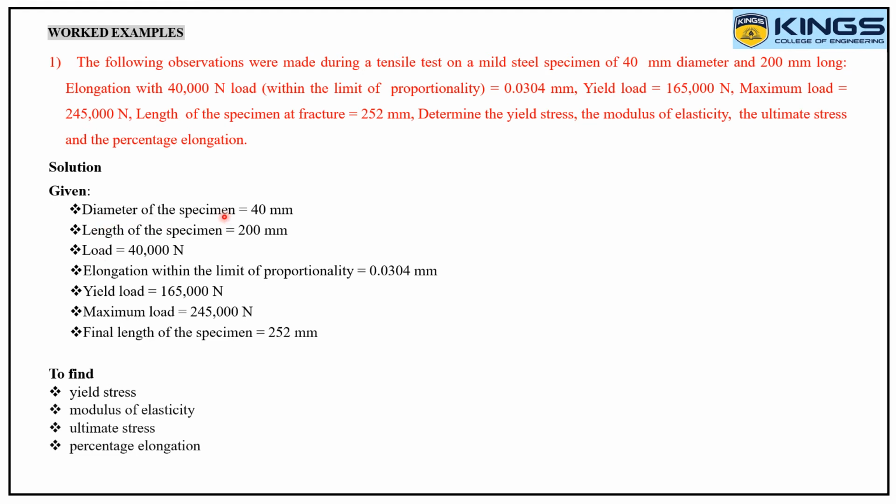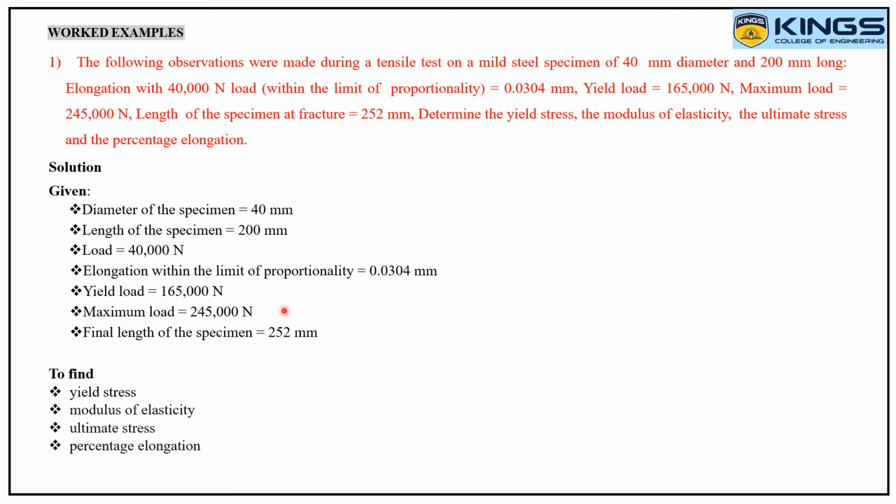Diameter of the specimen is 40 mm, length of the specimen is 200 mm, load 40,000 Newton, elongation within the limit of proportionality is 0.0304 mm. Limit of proportionality means that for the stress we have applied, the strain will be directly proportional.